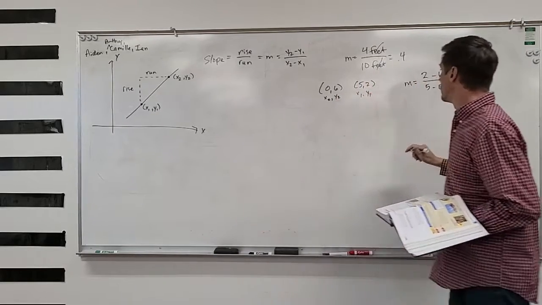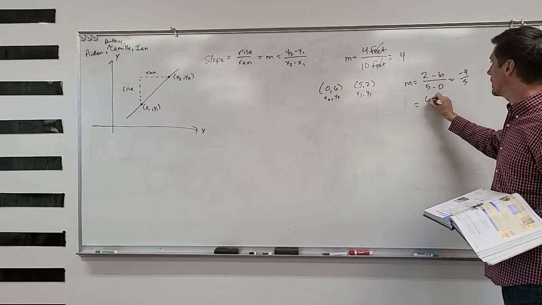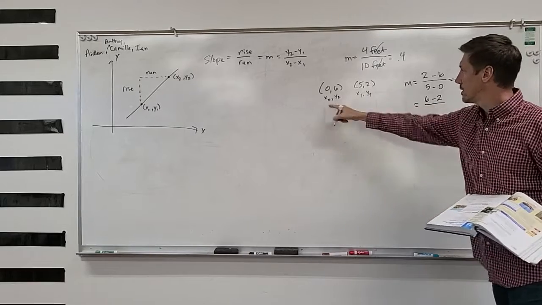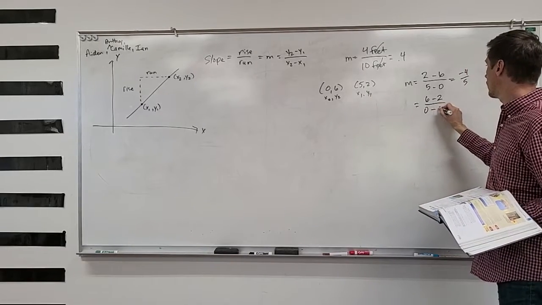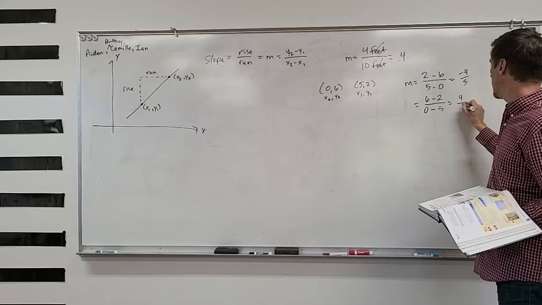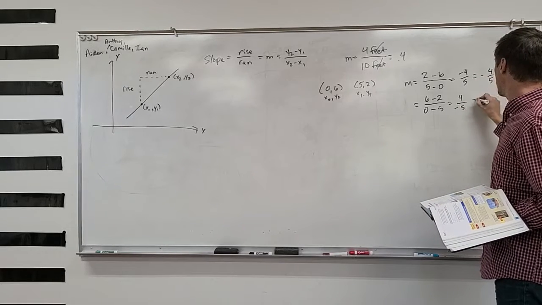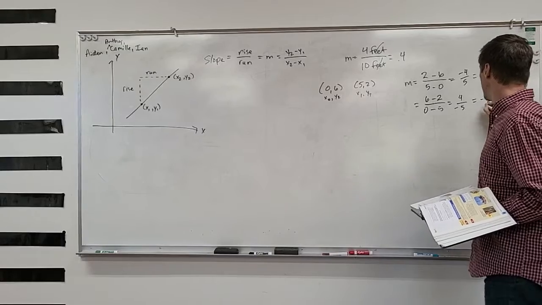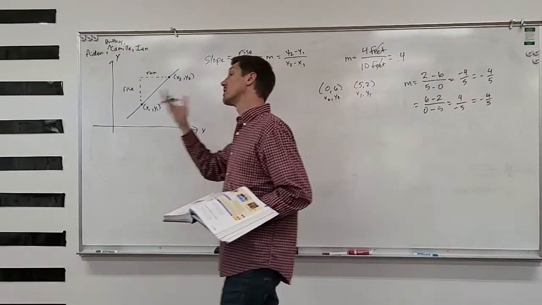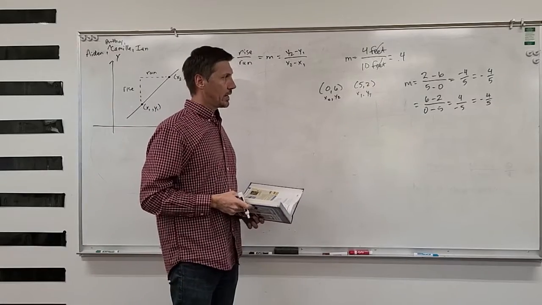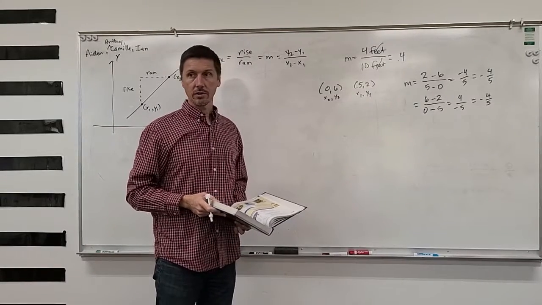So do the same thing again, 6 minus 2, and then this is now x2, so 0 minus 5. So we get 4 on top and a -5 on the bottom. Overall, both of these are -4/5. It's just that the negative sign was on the top in one, and on the bottom in the other. But overall, we still get the negative number. Does that make sense to everybody?